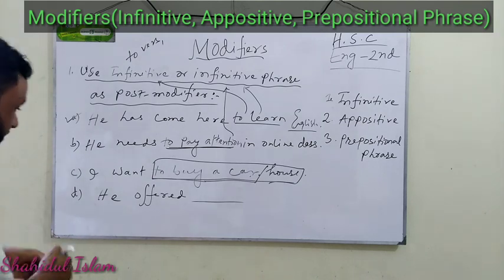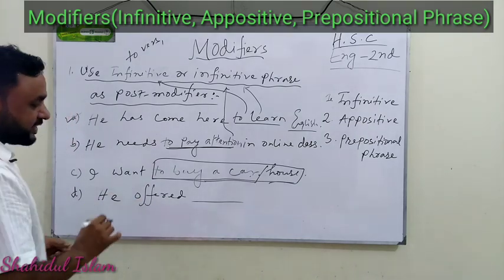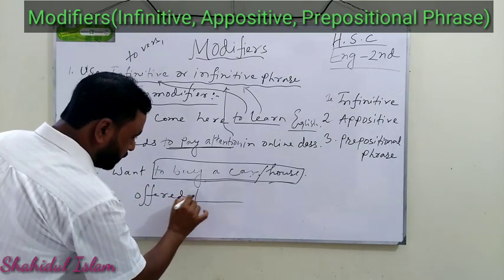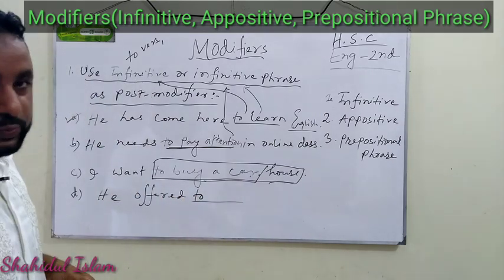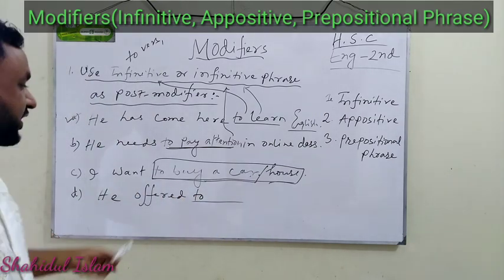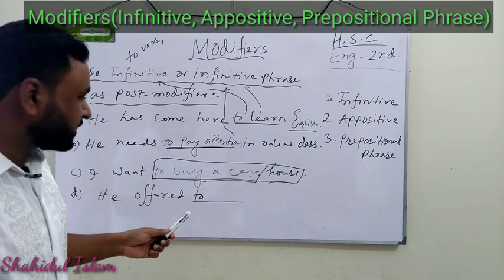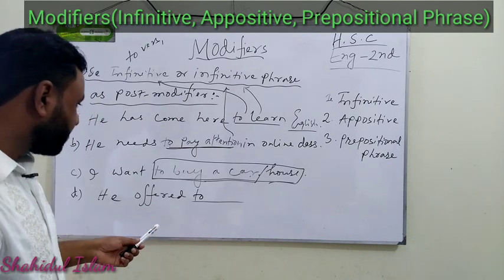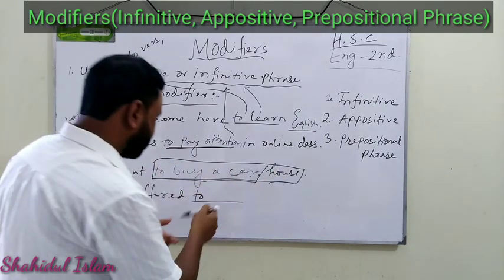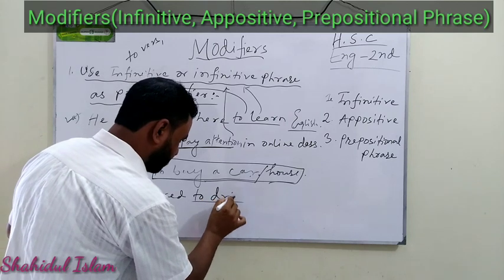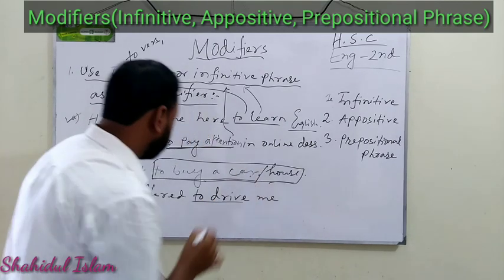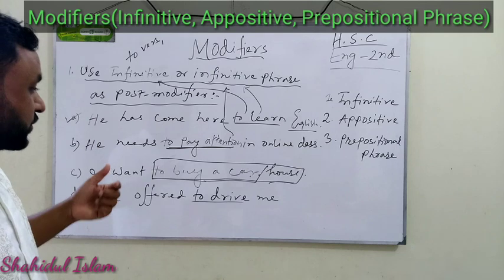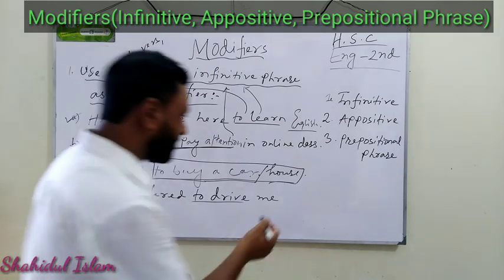Number D, "he offered dash." Of course you will use "to" here: he offered to drive me. He offered to drive me to my office.